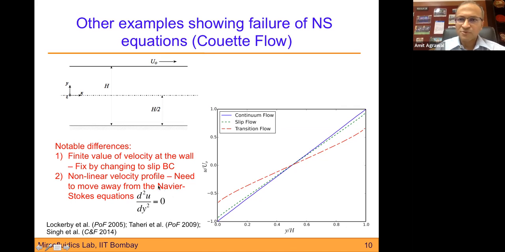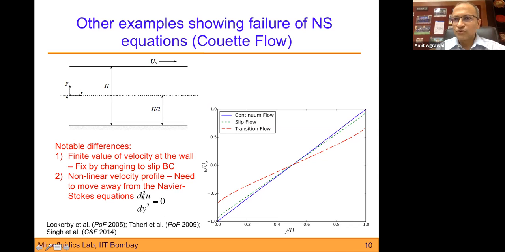This linear velocity variation comes because the Navier-Stokes equation simplifies to the second derivative of velocity with respect to y being 0, which means the velocity should vary linearly with y. But there are many reports in the literature which find that a nonlinearity sets in at higher Knudsen number.